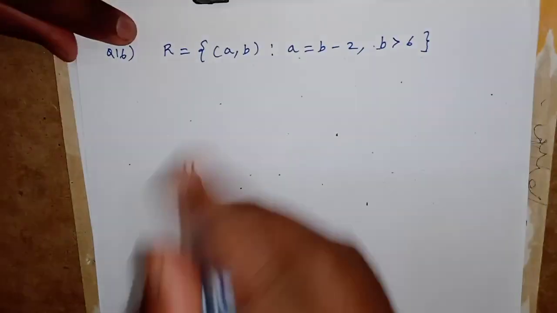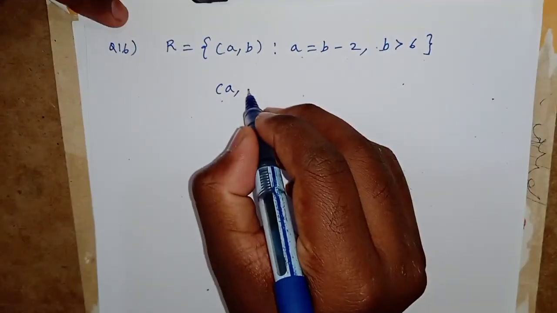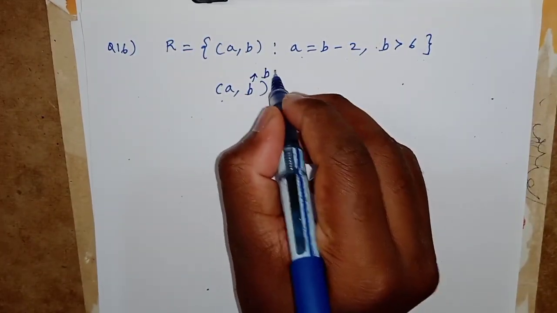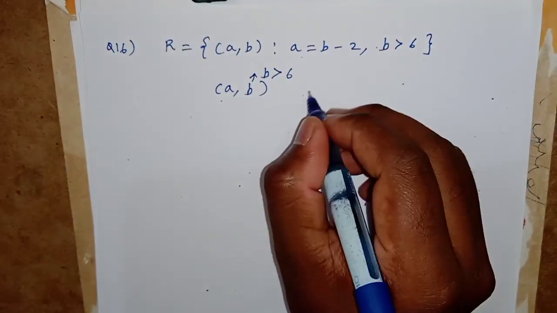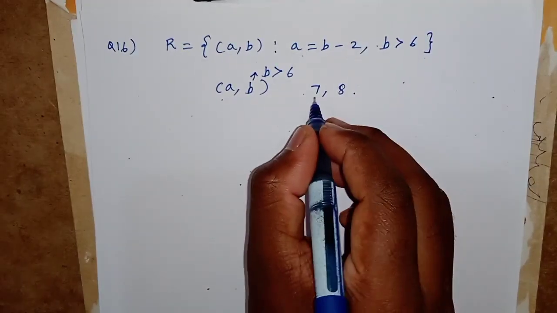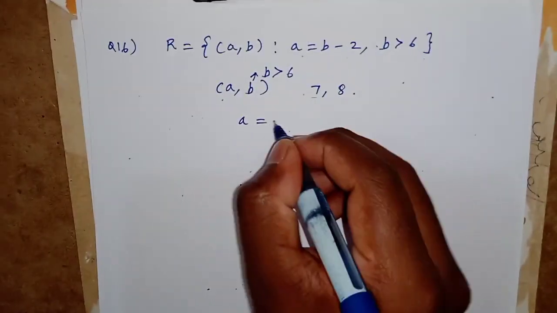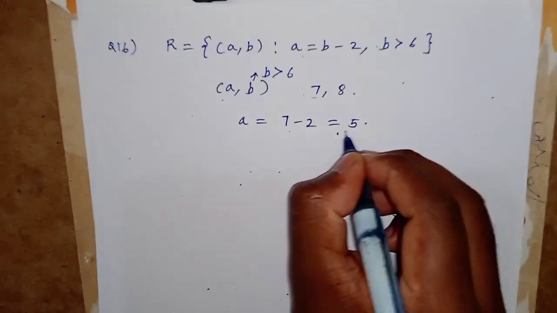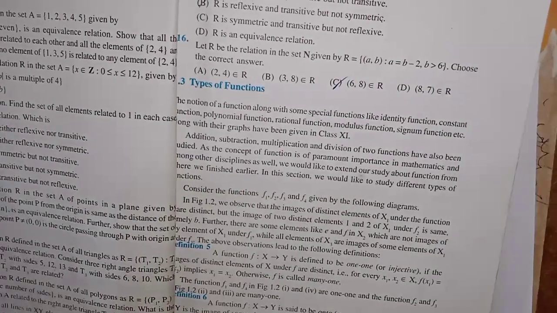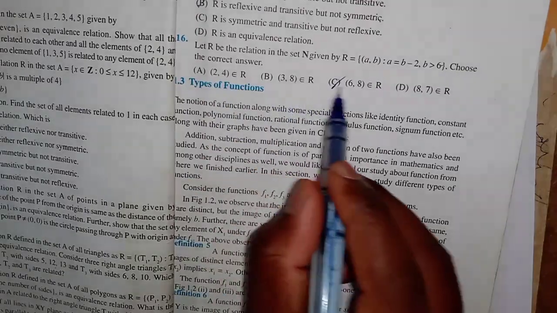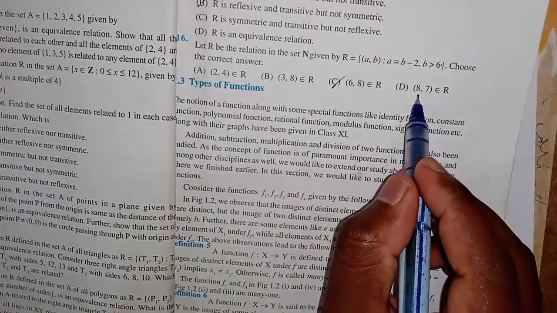Here it is a, here b, a comma b. b should be greater than 6, which means b should be 7 or 8. Let us take 7. a equal to 7 minus 2, therefore a equal to 5, but 5 is not present here. a equal to 2, a equal to 3, a equal to 6, a equal to 8.